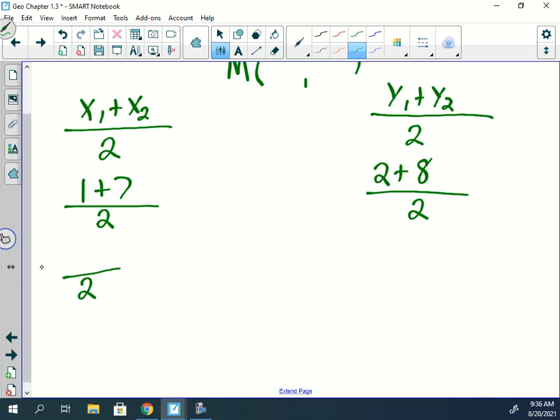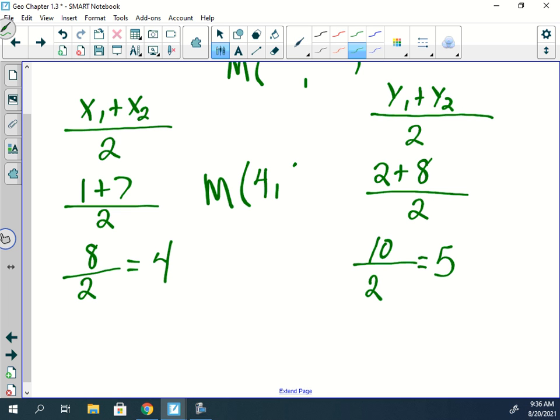And 1 plus 7 is? 8 divided by 2 is? 2 plus 8 is? Divided by 2 is? So the midpoint is 4, 5.